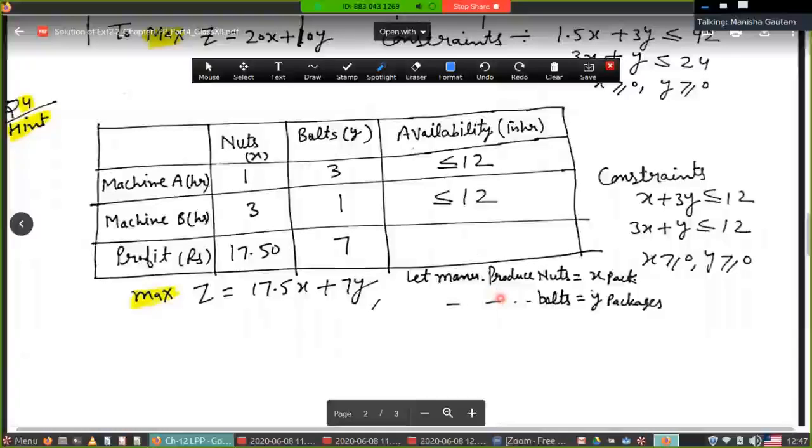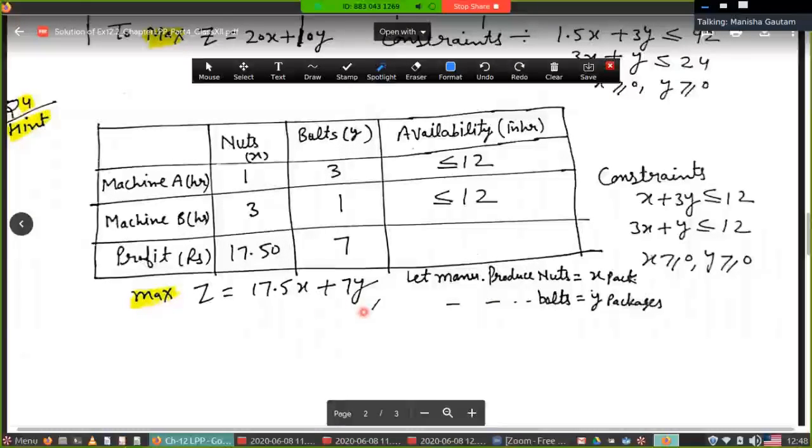Now let the number of packages of nuts manufactured be X and of bolts be Y. The constraints are x plus 3y less than or equal to 12, and 3x plus y less than or equal to 12. And the first quadrant constraints are x greater than or equal to 0, y greater than or equal to 0, and the optimization statement is Z equal to 17.5x plus 7y.